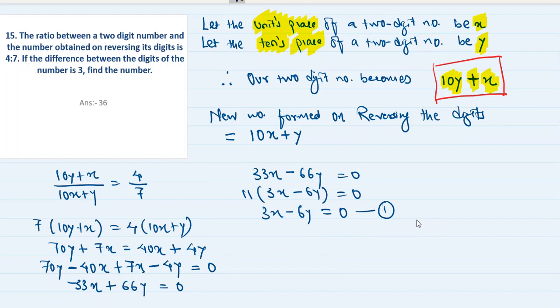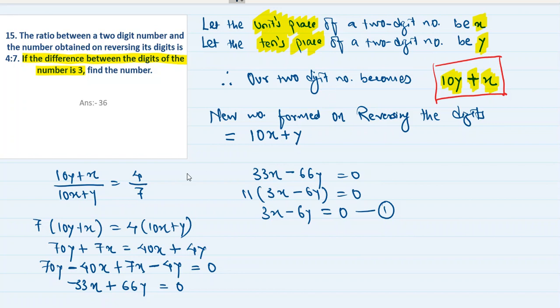What about the second equation? Second equation is pretty simple. What they are saying in the second equation is, if the difference between the digits of the number is 3, the difference of x and y. But which is greater and which is smaller? We cannot just say x is greater and y is smaller, but we should know the idea.